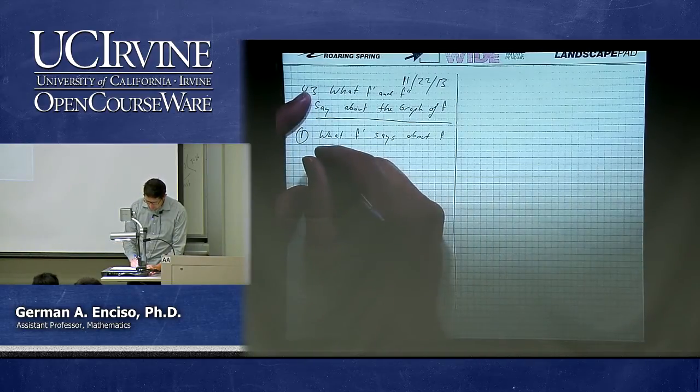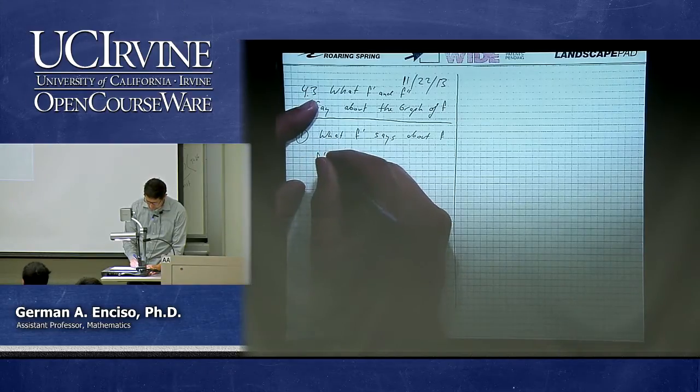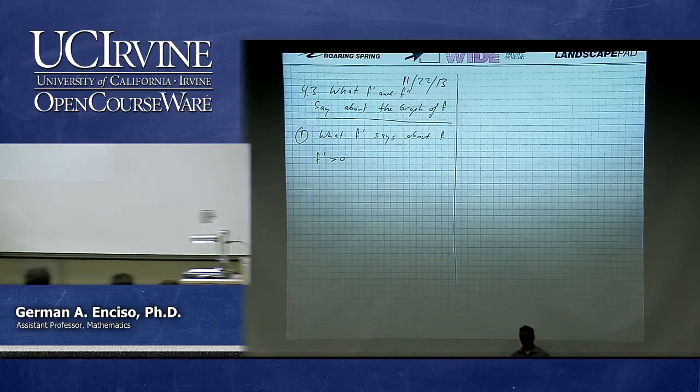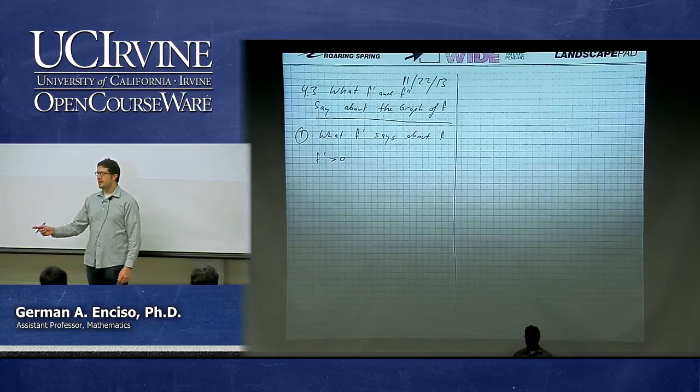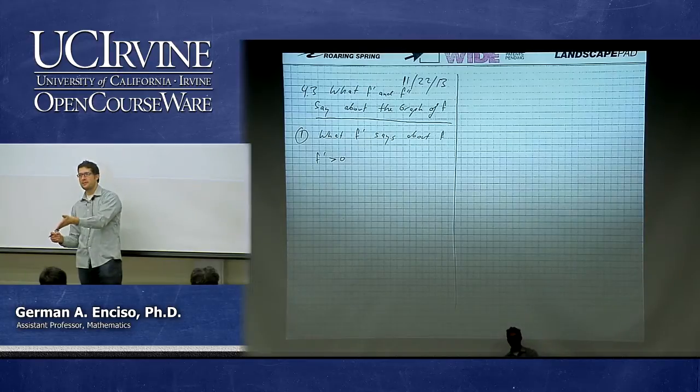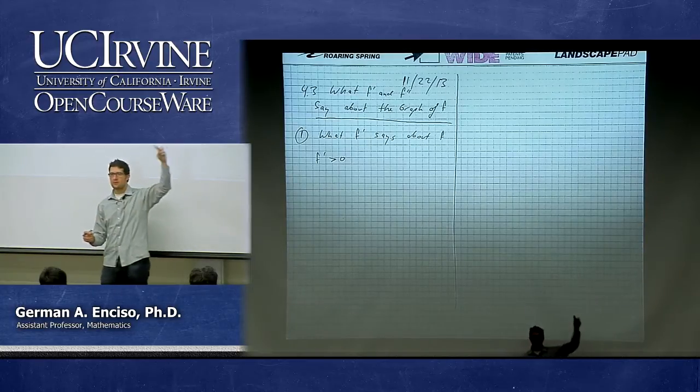For example, what happens if I know that the derivative of a function is bigger than 0? Exactly, the slope of the function f is positive, right? So you can imagine the slope always being like this. So what can we say about the actual function f?